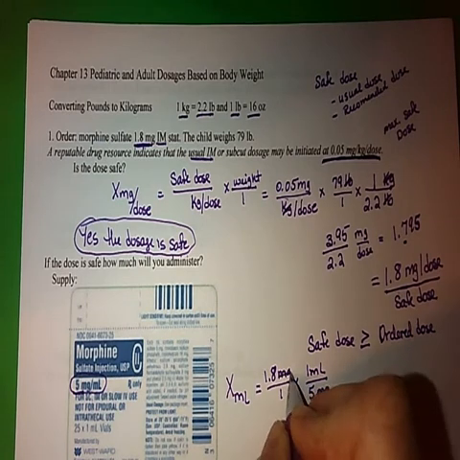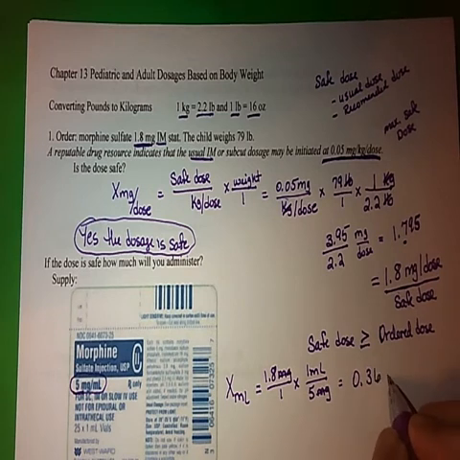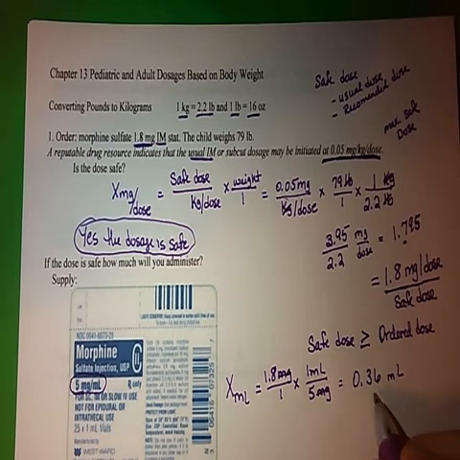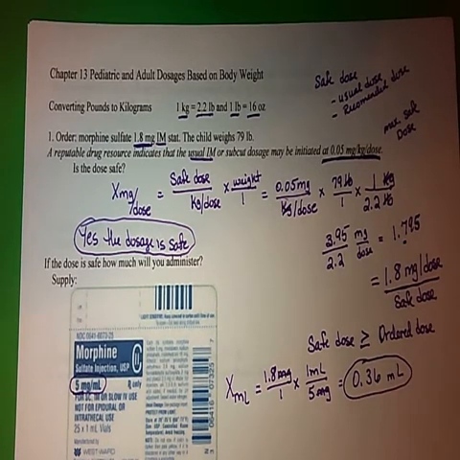My milligrams cancel. 1.8 divided by 5 is 0.36 milliliters. If it's less than 1, we round to the hundredth. So this is how much I'm giving.